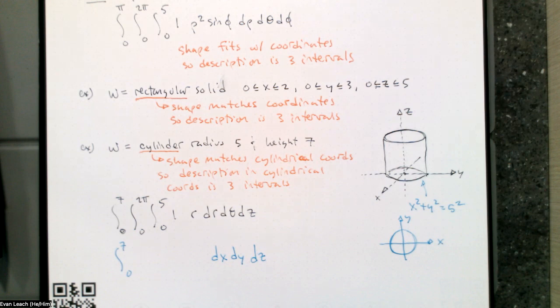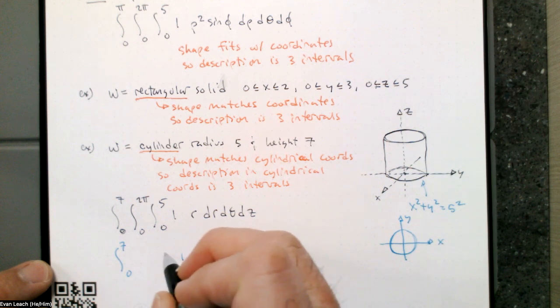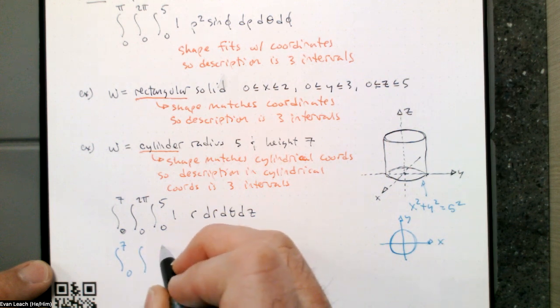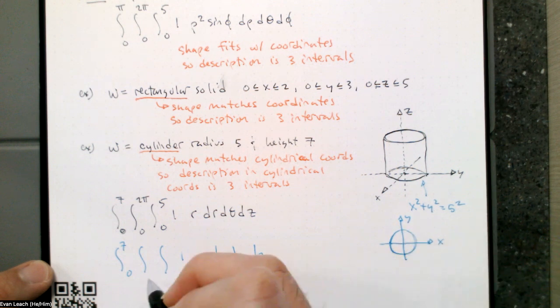We want to describe just this circle. We've got the z part taken care of. If we want to describe this circle, y will go from -5 to 5.